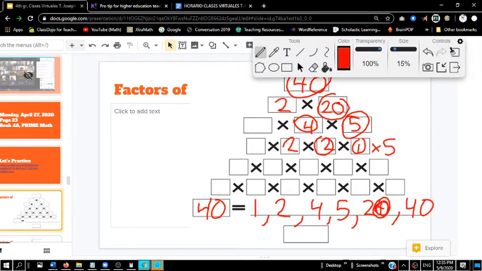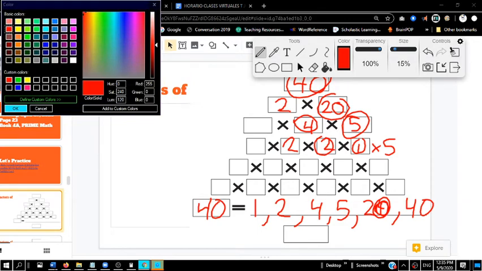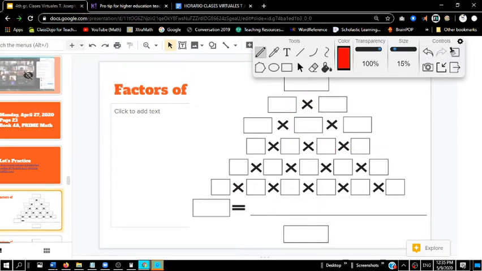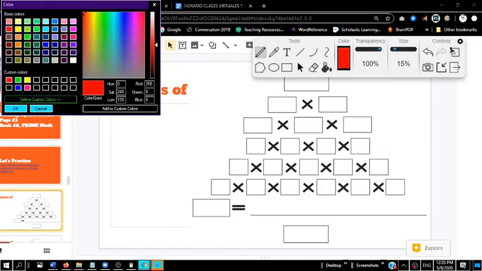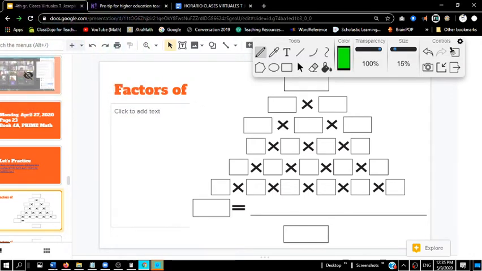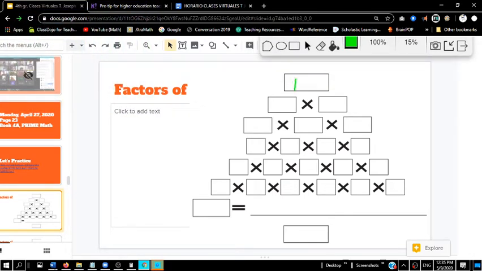All right, let's try an even bigger number this time. Let's try 100. I hope I don't miss any of them because there are quite a few. I know that 1 times 100 gives us factors.